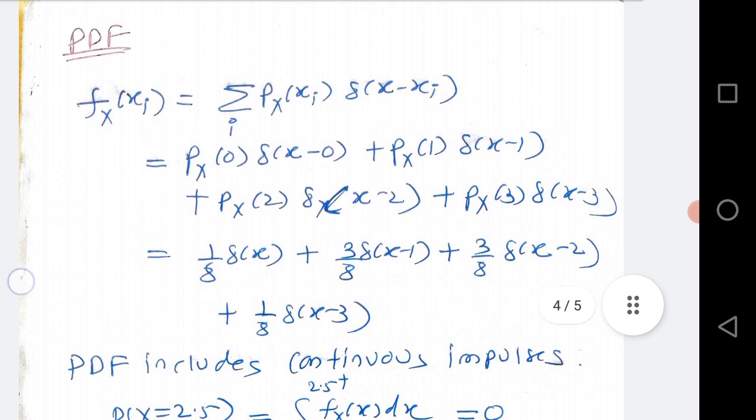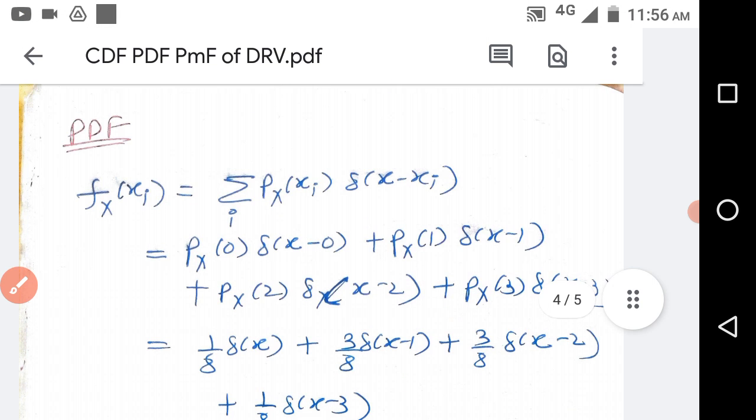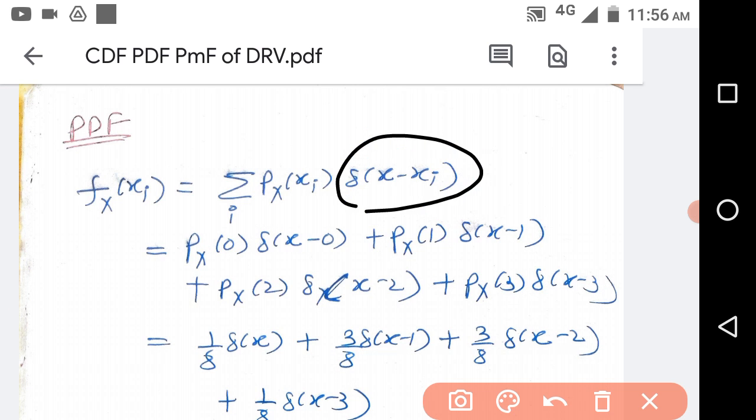Let us see the formula for the PDF. As we have already seen, the PDF formula is the summation of PMF times the impulse function delta(x minus xi). Let us expand this for our case.